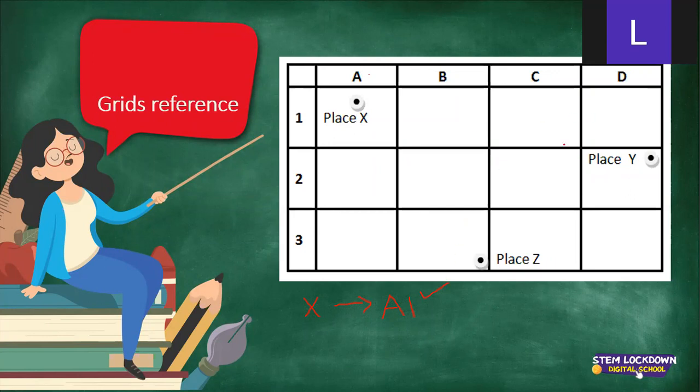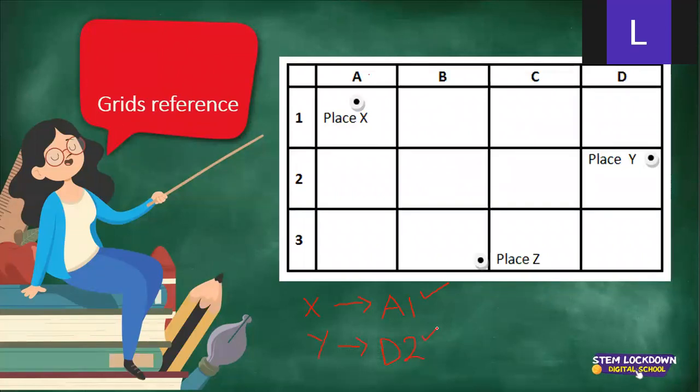And then Y, where is place Y? Look at the letter first, which letter is it in line with? D. So you'll say it is D, and then the number, D2. So that will be the answer.